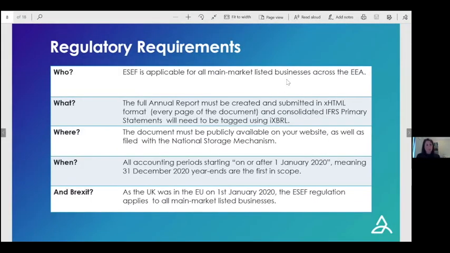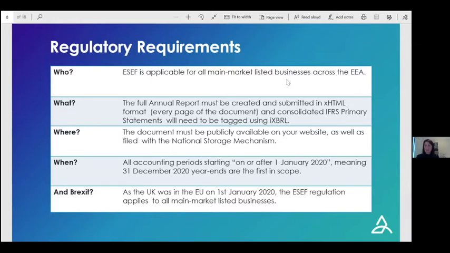So just to run through clearly what the requirements are. So who it's applicable to, as I said, main market listed businesses. What we're tagging, so it's every page of the document must be in XHTML format, and we are tagging the consolidated IFRS financial statements.